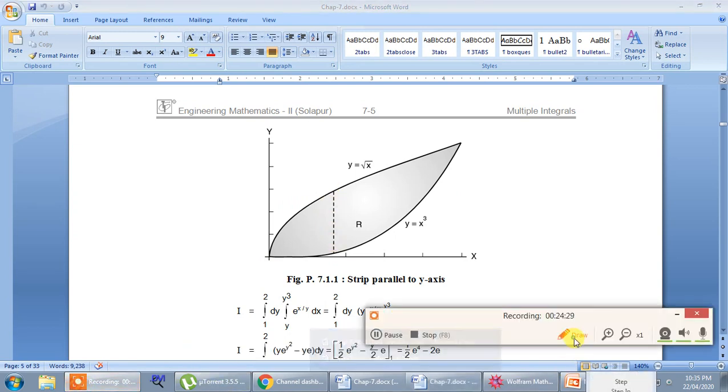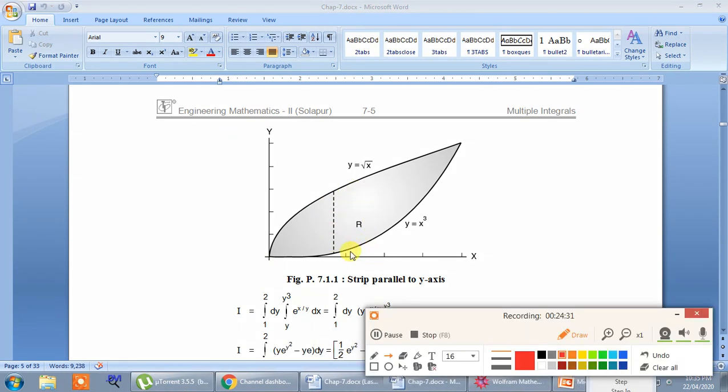This is the strip which is parallel to the y axis. This strip moves from the y axis, so its starting point is the y axis. The equation of y axis is x equal to 0. Note that this point, I had already declared, is the point 1 comma 1. How we get this point 1, 1, we will discuss later on. And this is obviously 0, 0.